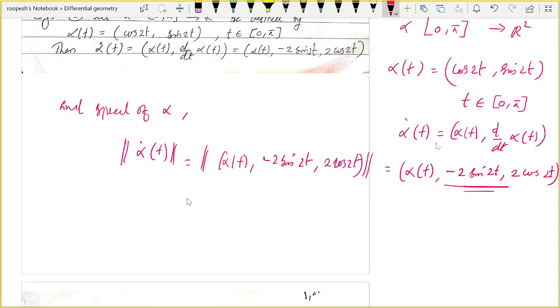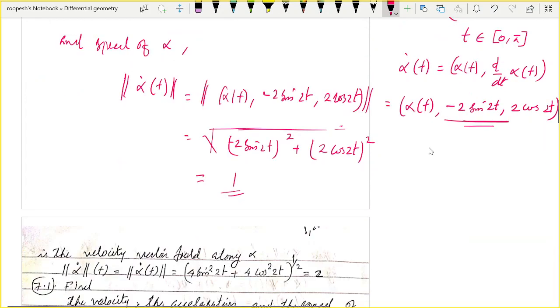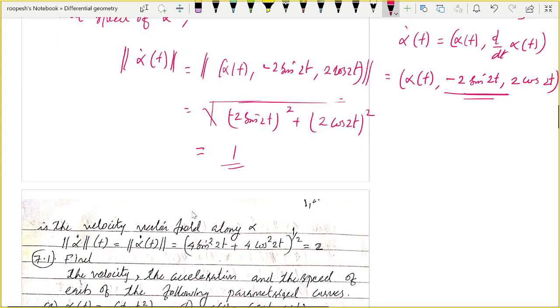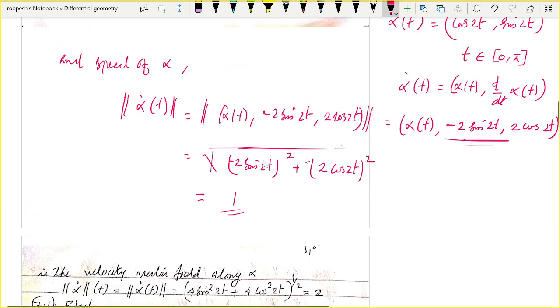This is equal to the square root of (minus 2 sin 2t) squared plus (2 cos 2t) squared. Not 1, sorry, we get 2 squared here, which I missed. So we get the root of 4, which is nothing but 2.